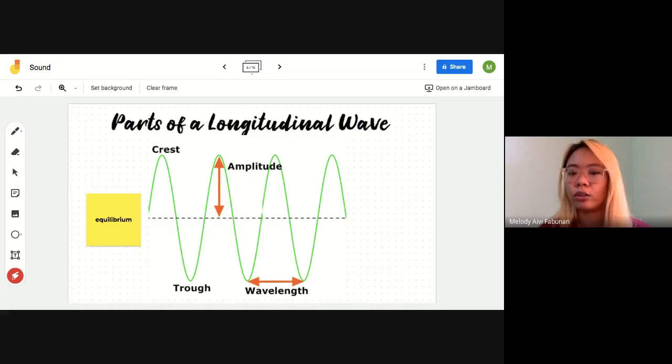Okay, in your notebook, I think it will be helpful if you draw your own longitudinal wave and label the different parts of this wave, and then write a very short description or definition of what a crest is, what a trough is, what is amplitude, and what is wavelength.